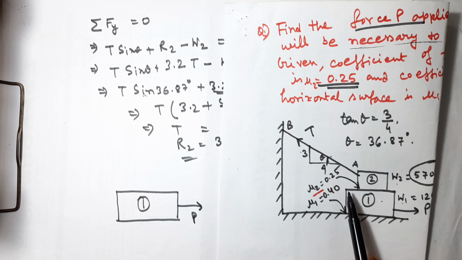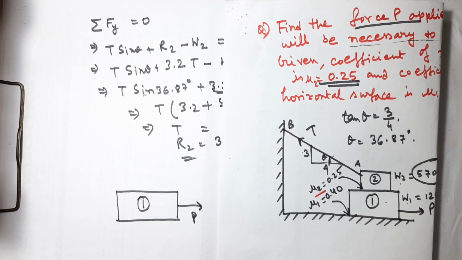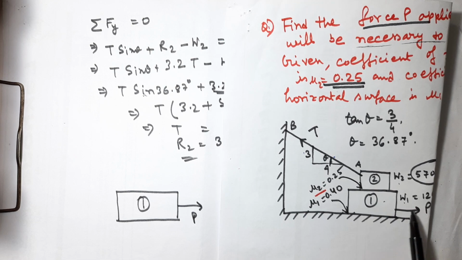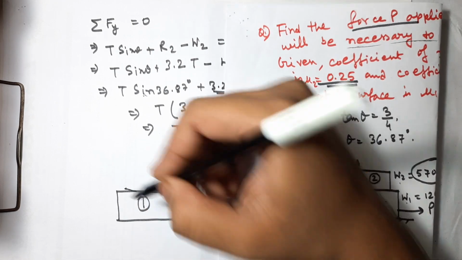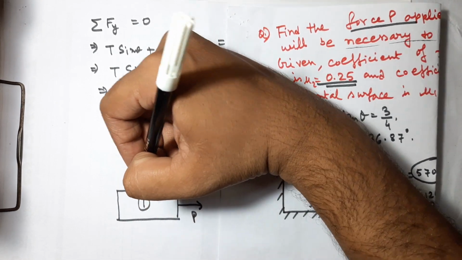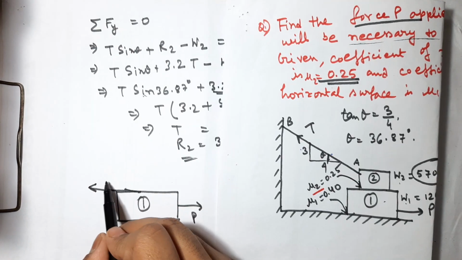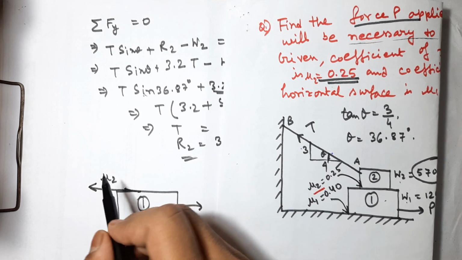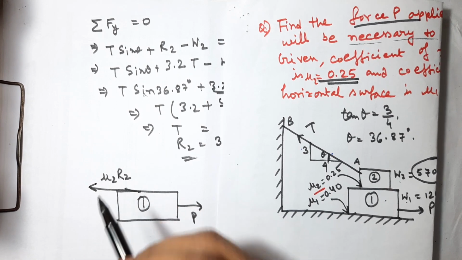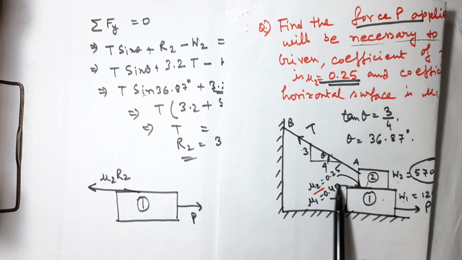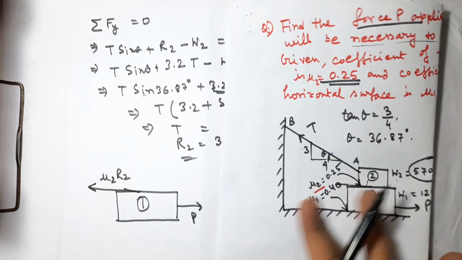So due to the second block, in which direction is the frictional force acting on the first block? This is the P, and see, due to the second block, on the upper surface of the first block the frictional force is acting, that is mu2 into R2, right. So the second block exerts the frictional force on the first block in this direction.